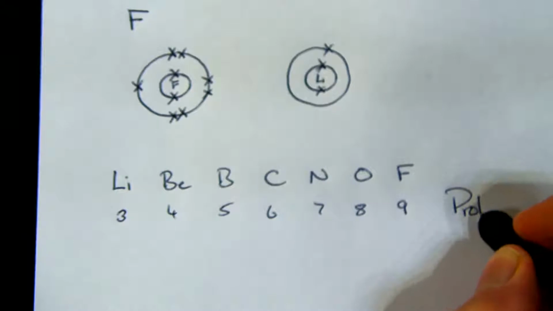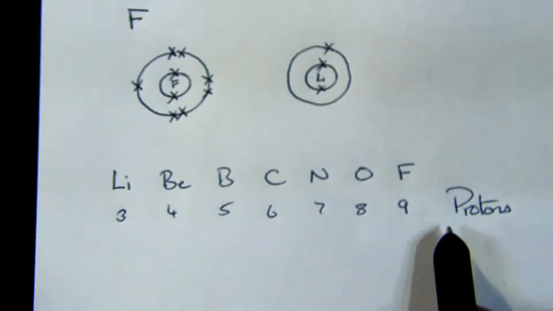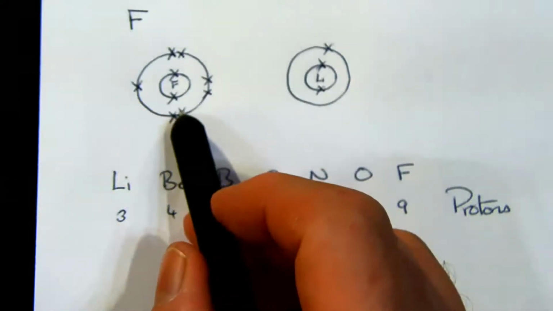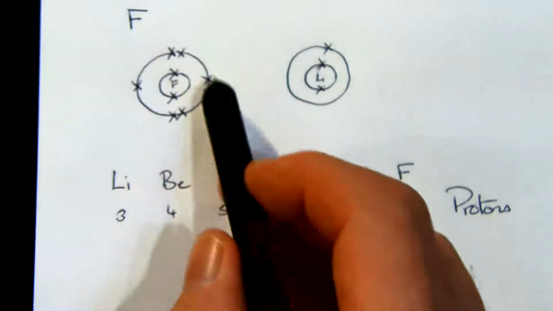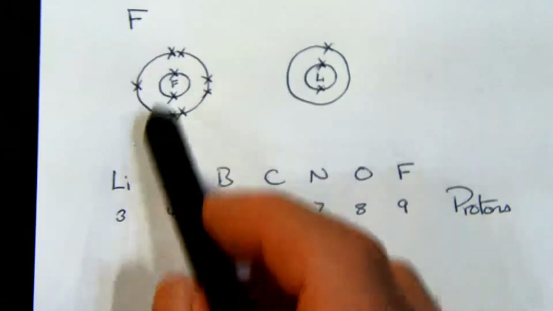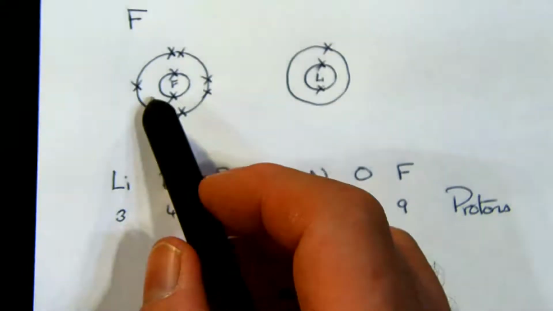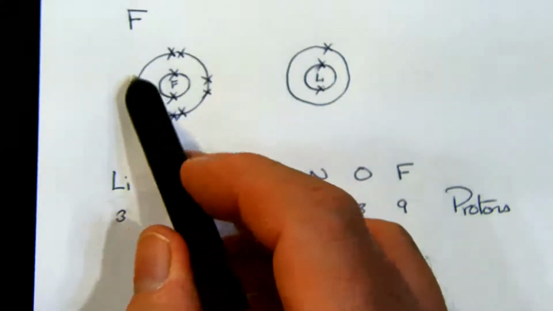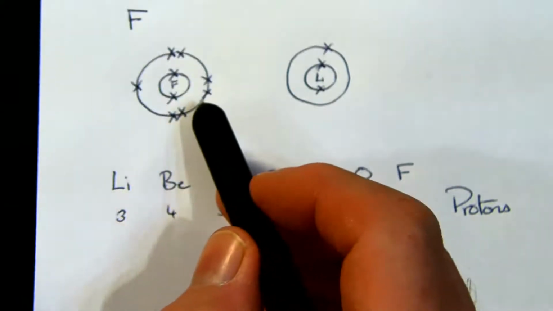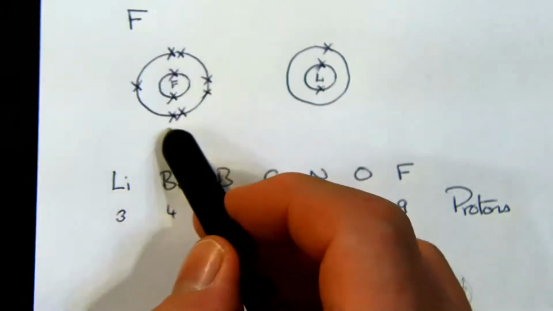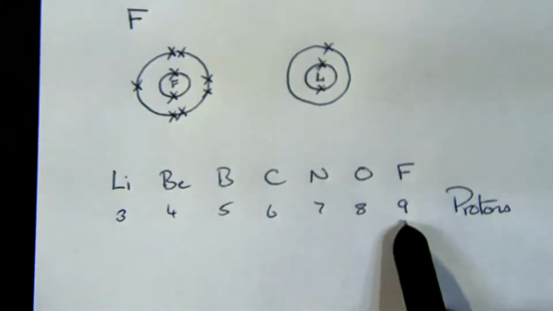So this is the number of protons. It's building up by 1 each time. But these electrons in this shell don't get any further away. So this positive charge increases, and this shell just starts to get more and more electrons in. So these are at the same distance away from this point of view.